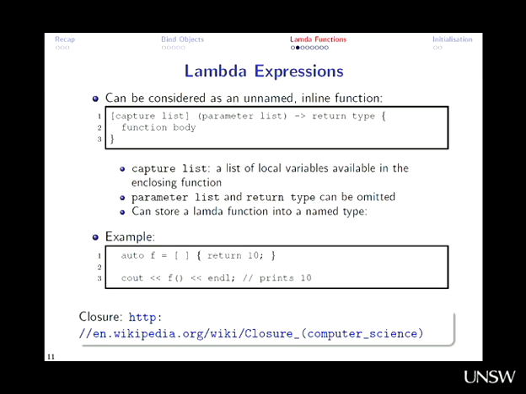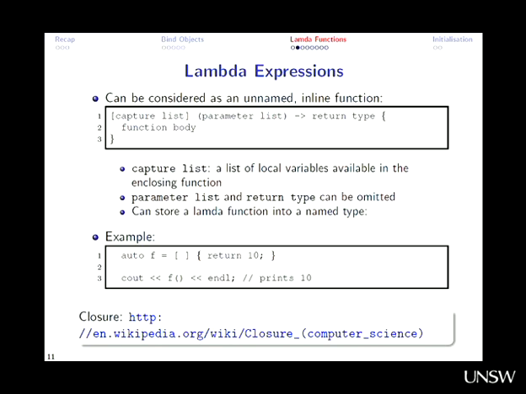Okay? So a Lambda function looks like this. It's got what's called a capture list, a parameter list, a return type that goes towards the end, and then the main function body. So this is quite different to probably how you've seen functions declared before. Okay? The capture list is a list of local variables from the outer scope that can be available in the enclosing function.